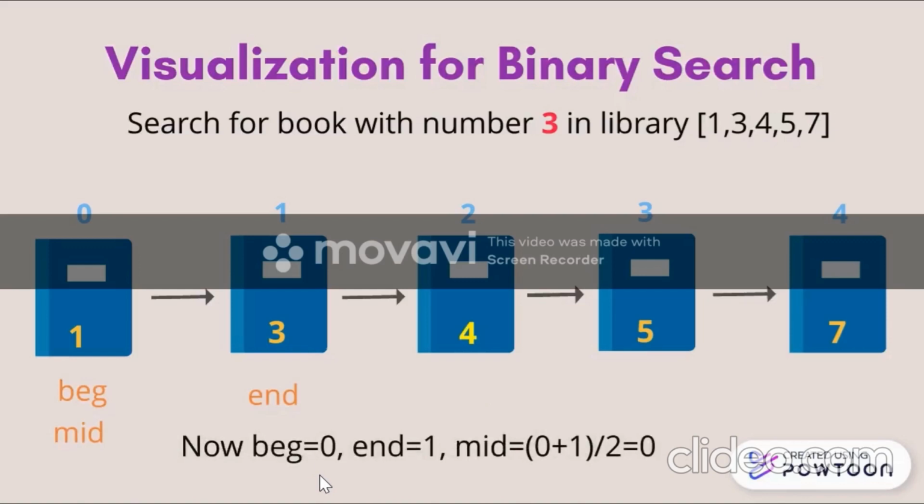Now we see that beg is set to 0, end is 1, and we compute mid as 0 plus 1, that is beg plus end divided by 2, which gives us 0, considering only the absolute value.